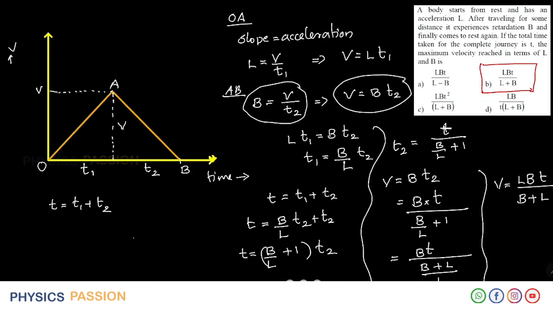In the above question, the total distance covered is? If you go back to the velocity time graph, the total distance is equal to the area under the graph. We have to find the total area, and you can see that this is a triangle.